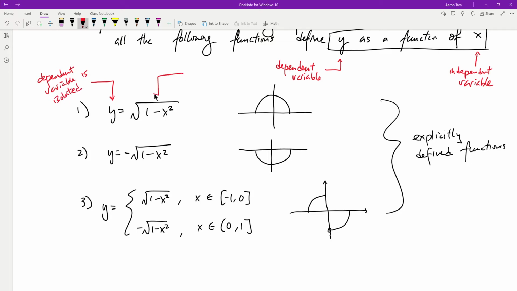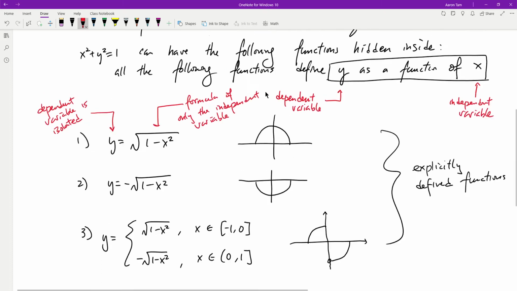And then we have a formula of only the independent variable on the other side. And that is the characteristic of an explicitly defined function.